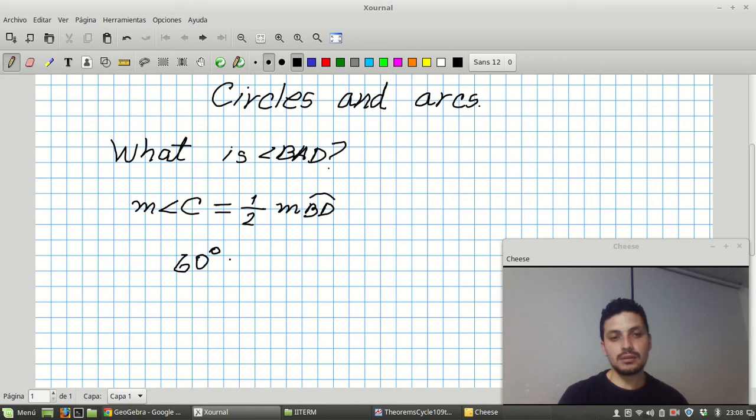So 60, okay, I'm sorry for the numbers, is equal to a half of the measure of BD, but we don't know what BD is. We know that it is equal to the central angle A, but let's write measure of BD.